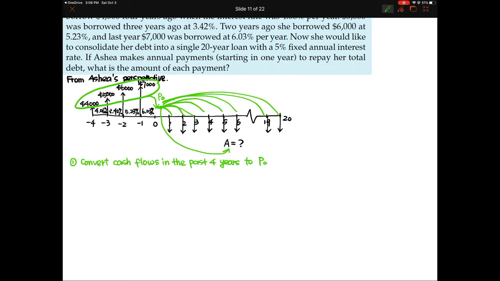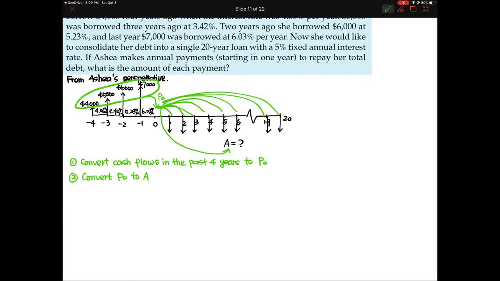And second, we convert P0 to annuities. Clear?